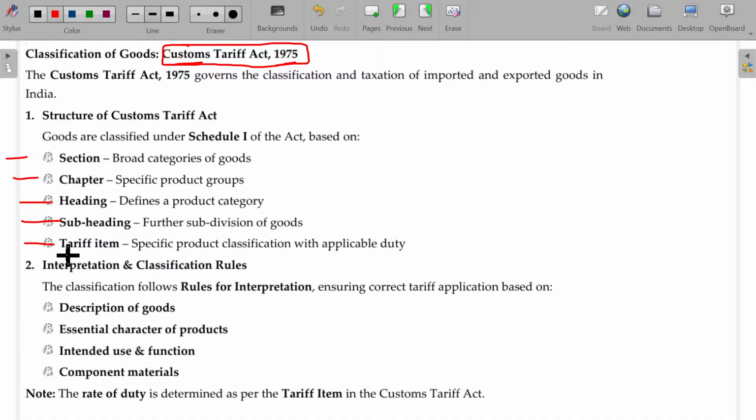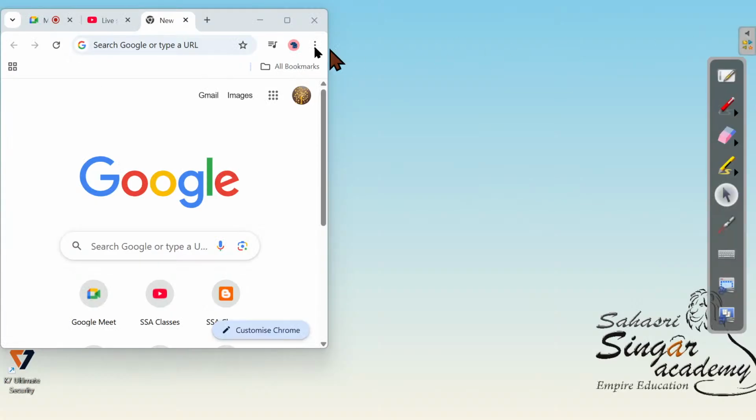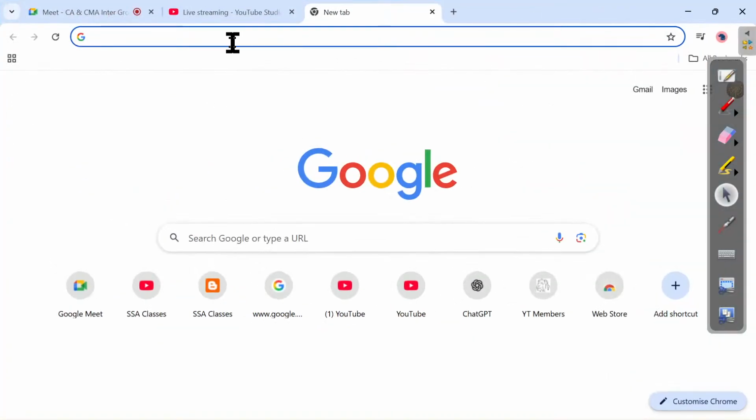The final tariff item is the real classification for the specific product, along with the applicable duties given there. This is nothing but a dictionary.